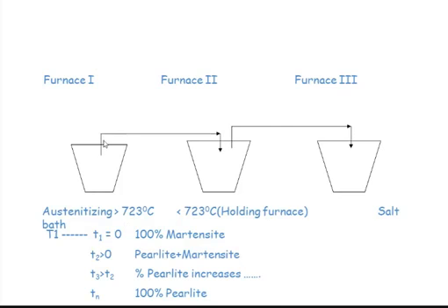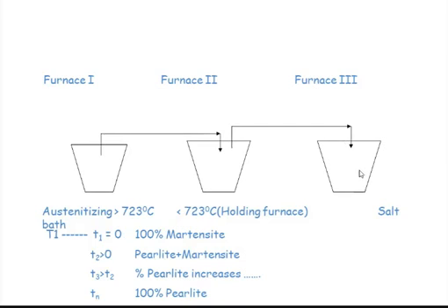Then transfer the first sample directly into furnace 3 without wasting any time. So the aging time of the first sample in furnace 2 was 0. That is why we write T1 equals 0, because we have not held the sample in furnace 2. We directly quenched the sample into furnace 3, at time 0.